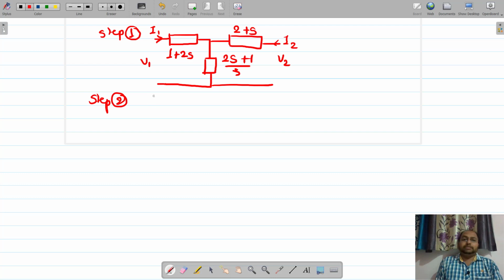So what are the H parameter equations? The H parameter equations consist of V1 and I2 at the left hand side, and the H parameters multiplied with I1 and V2 at the right hand side. So don't forget it.